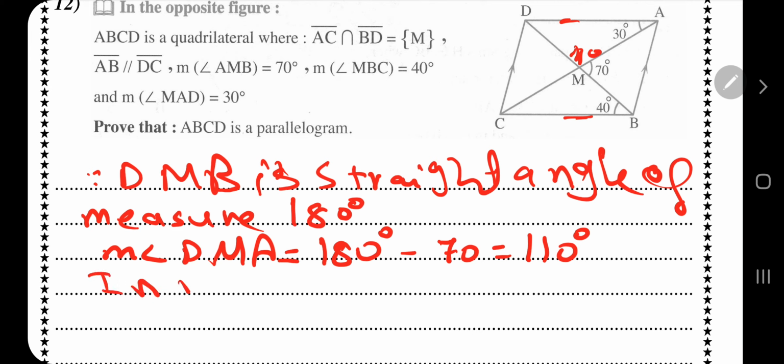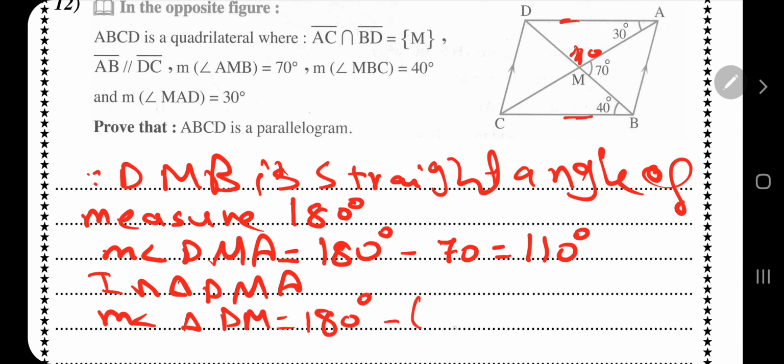In triangle DMA, measure of angle ADM equals 180 minus 110 plus 30, which is equal 40. As you see, B equals 40 and this is 40, they are alternate.